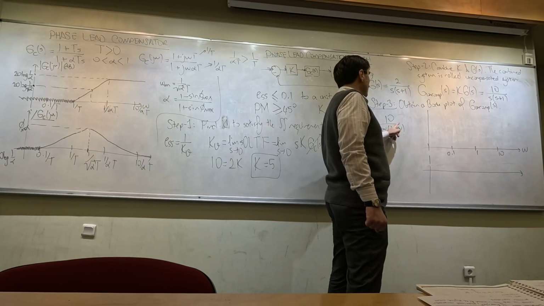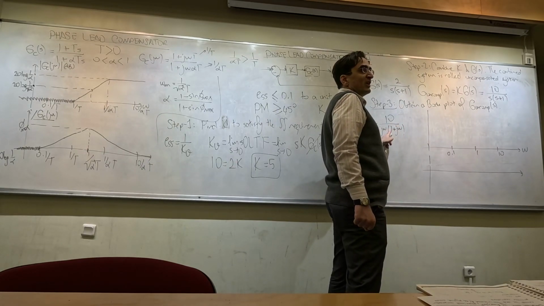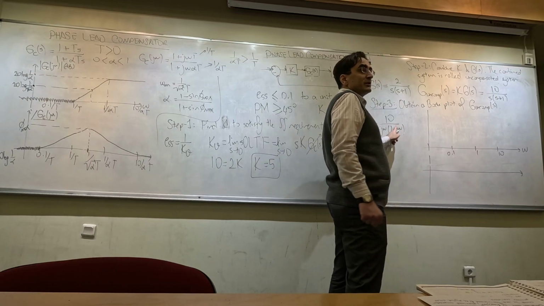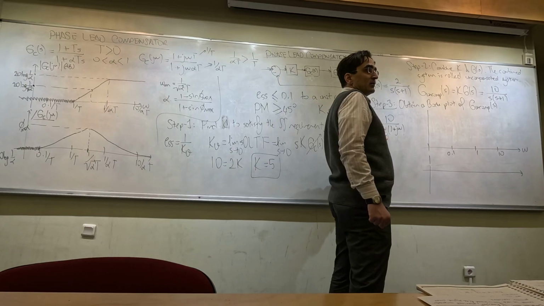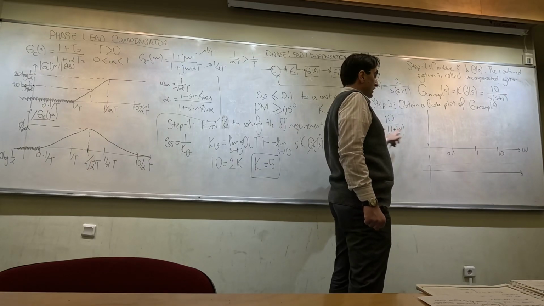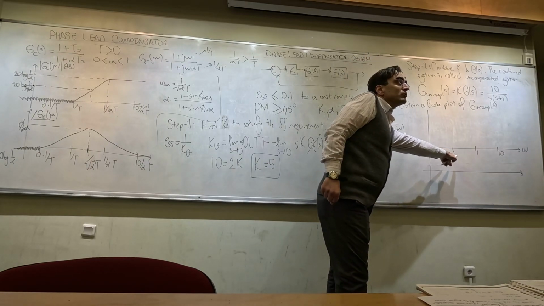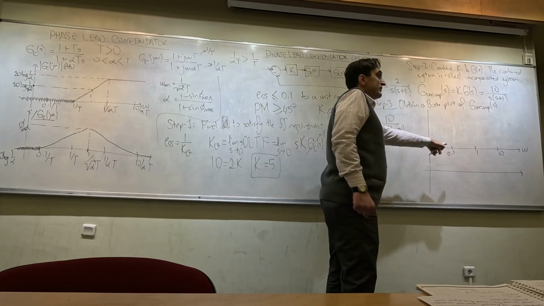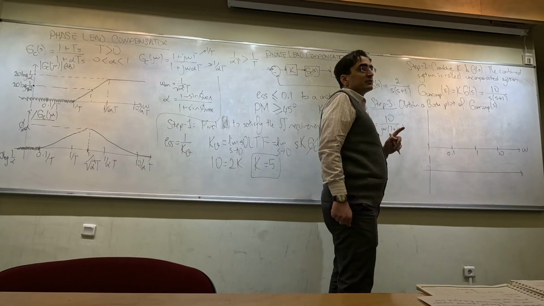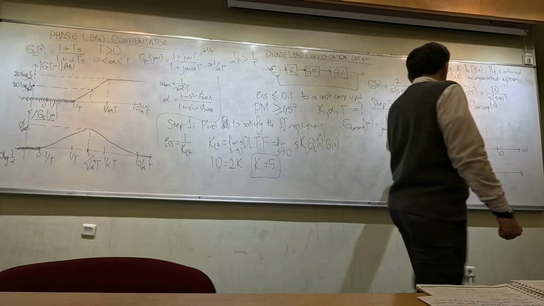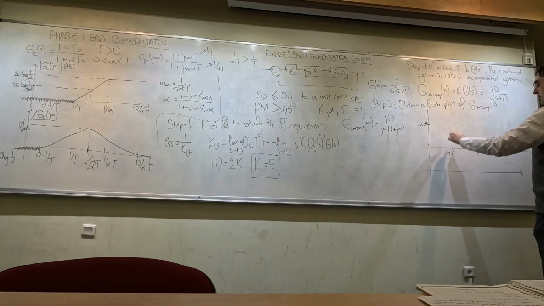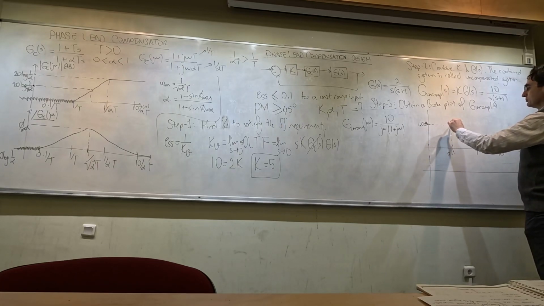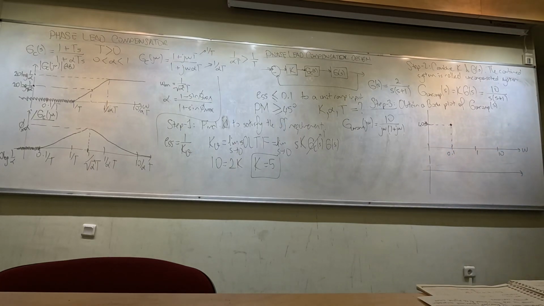This term is going to give me only 1, because the other term is negligible. The magnitude is 10 over omega, so 10 over 0.1 is going to be 100. 100 in dB scale is 40 dB. So I will have 40 dB here, and at 0.1 we are approximately at that magnitude.